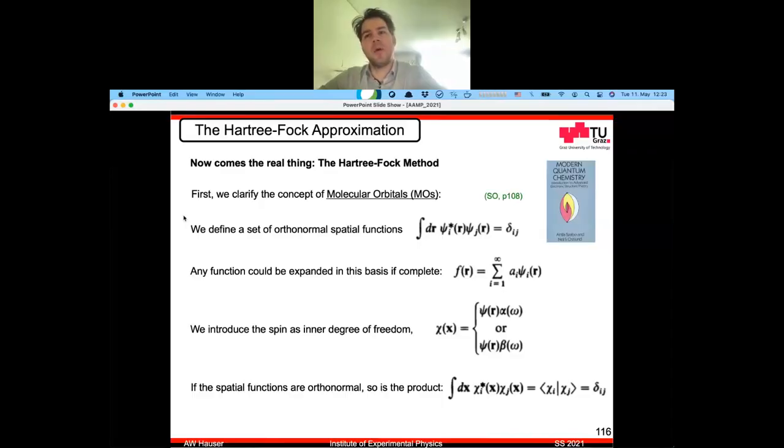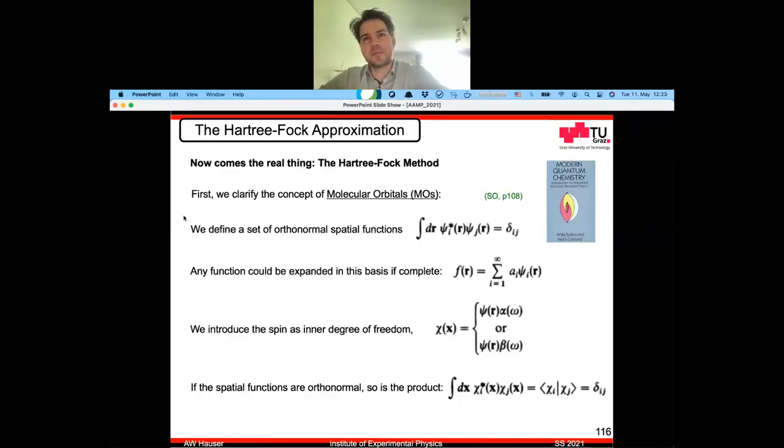So we say a molecular orbital is an orbital that spreads out over the entire molecule, and it is capable of hosting 2 electrons, which have to be of different spins, so spin up or spin down. We will distinguish between spin orbitals and spatial orbitals.